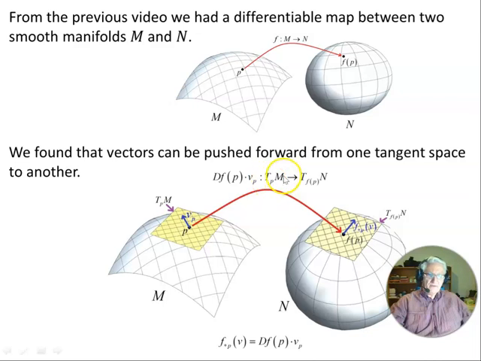And that was a map from the tangent space of M at the point P to the tangent space of N at the point F of P.